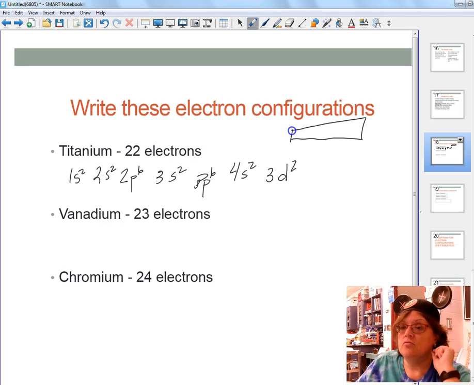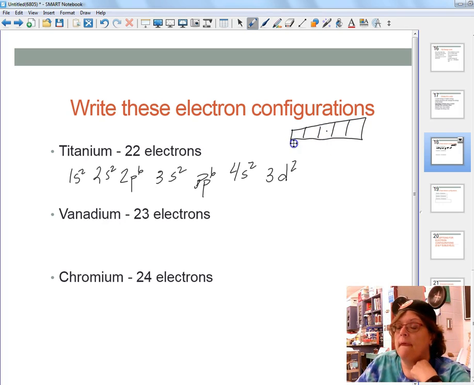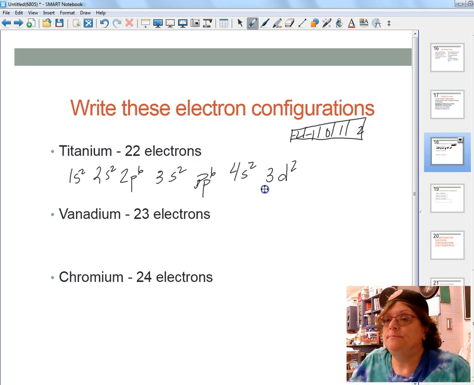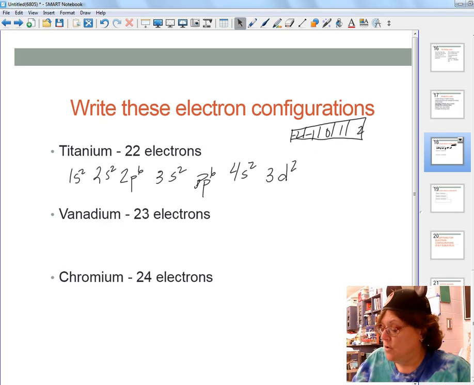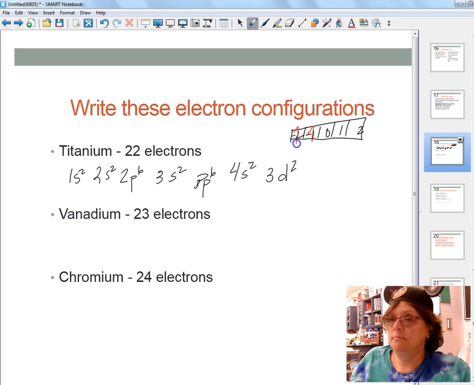If we were going to draw those guys out, 1, 2, 3, 4, 5. A d level has 5 orbitals. This guy would be 0, -1, -2, 1, 2. Our 3d would have 2 electrons corresponding to 2 of these rooms.